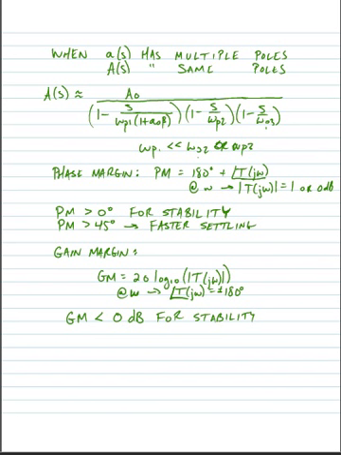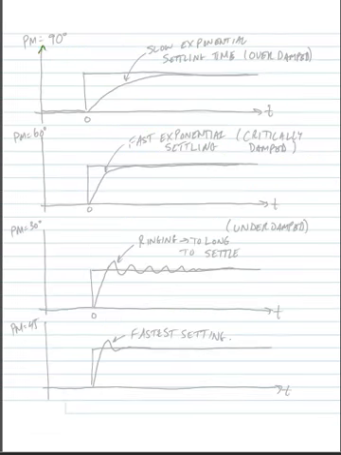Now we can look at a few plots of what happens in a system with various degrees of phase margin. So we might look at a plot for phase margin equals 90 degrees. We can look at one for phase margin equals 60 degrees.